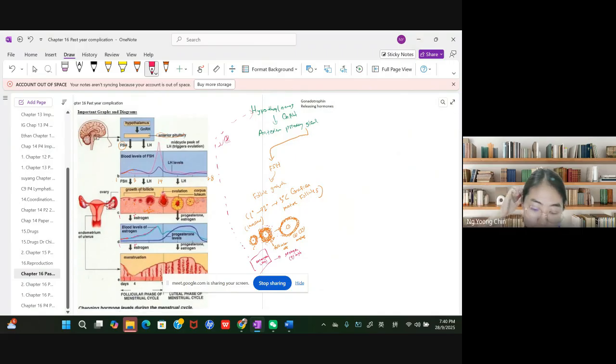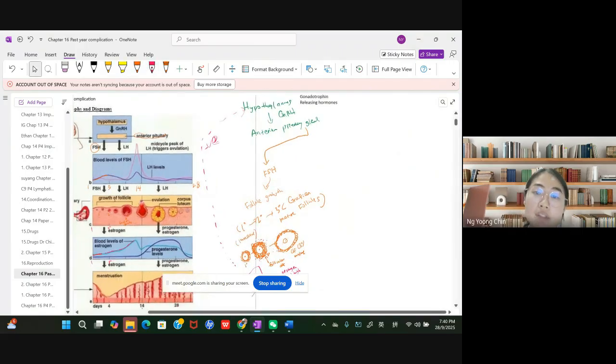So what does this feedback do? If the hypothalamus gets a negative feedback, it will inhibit the secretion of the FSH hormone, the follicle stimulating hormone.